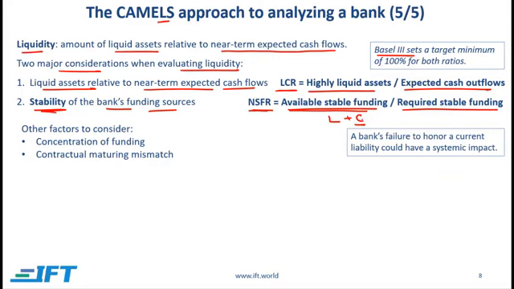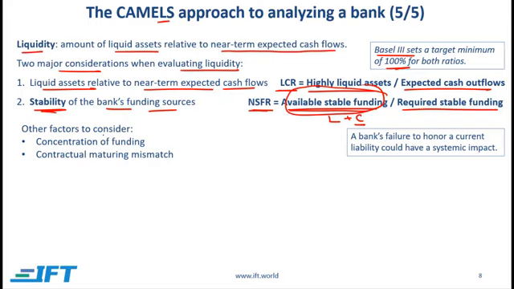Now, in this case, equity capital will be considered the most stable form of funding. Here again, the Basel III framework requires a minimum of 100%, which means that the available stable funding must be at least equal to the required stable funding.